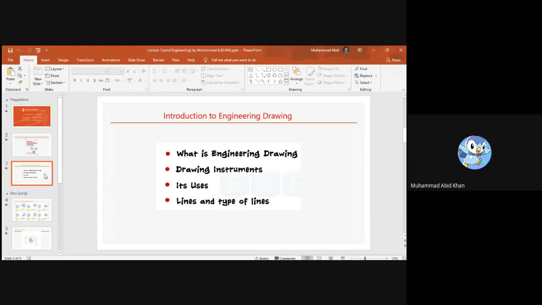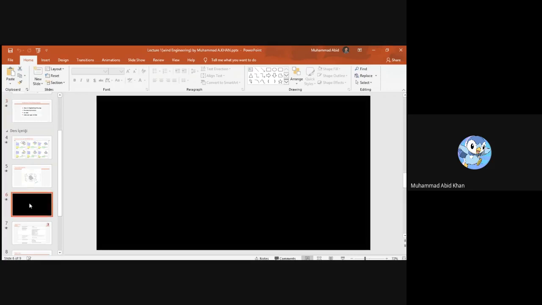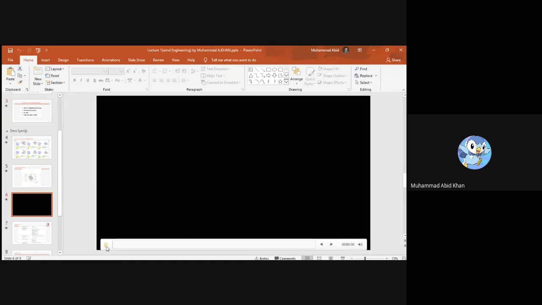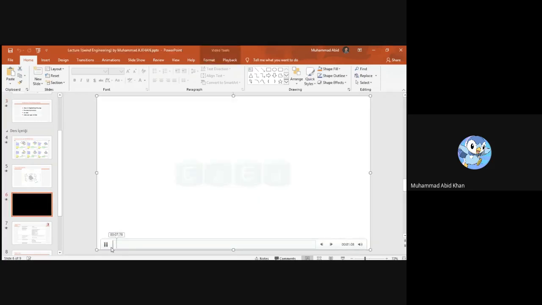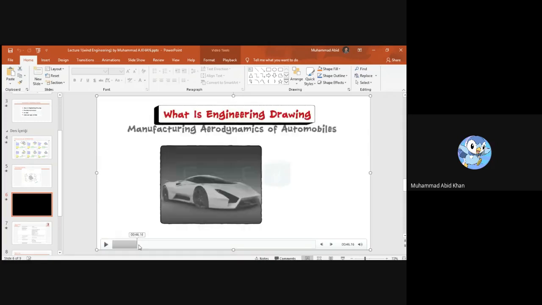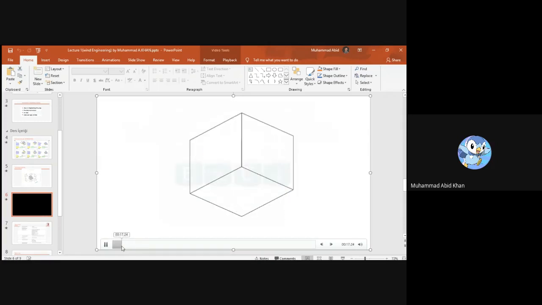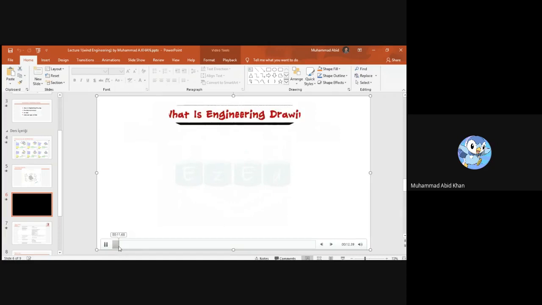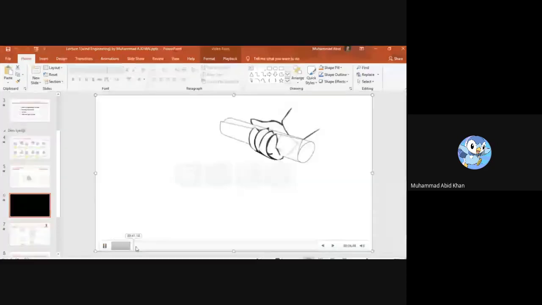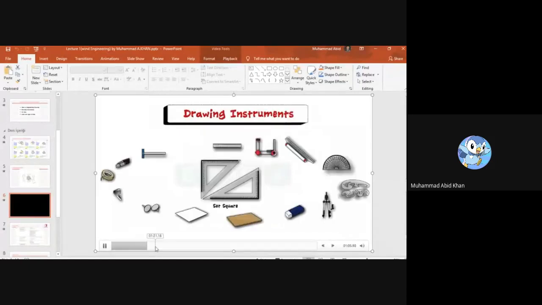Which instruments we need, I mentioned already. If you want, I can show it again so you understand. First, we will see what engineering drawing is. Engineering drawing, most sections except square, scale.